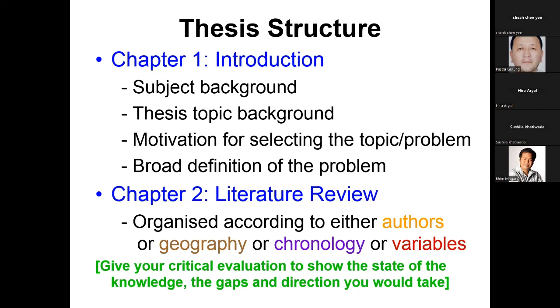Here, literature review under this section or chapter, we have to organize according to either authors, or geography, or chronology, or the variables. Give your critical evaluation to show the state of the knowledge, the gaps, and the directions you would take. In the journals, we see that book reviews are also given, but that book review is given in a general manner.